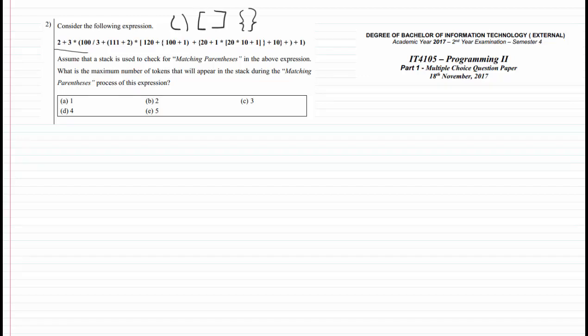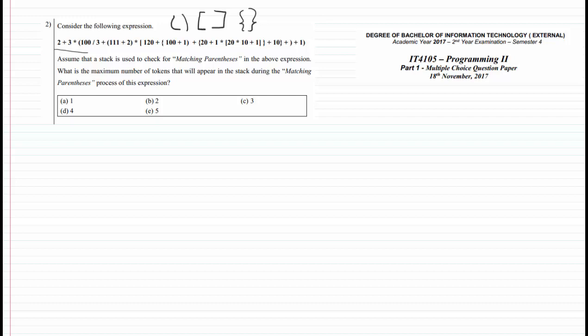In this example, we can see all three of them. So the question is, assume that a stack is used to check for matching parentheses in the above expression. What is the maximum number of tokens that will appear in the stack during the matching parenthesis process of this expression?